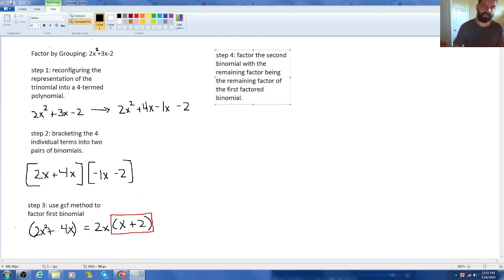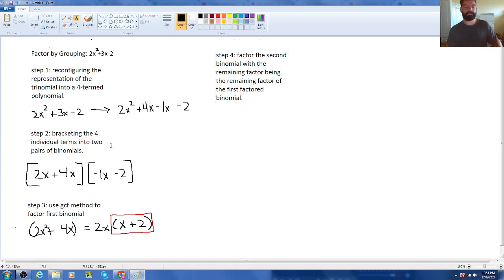In essence, what that means is, after I factor out the greatest common factor of negative 1x minus 2, my remaining factor will be x plus 2.